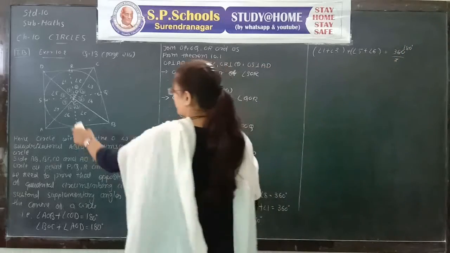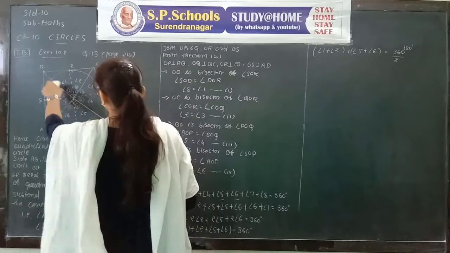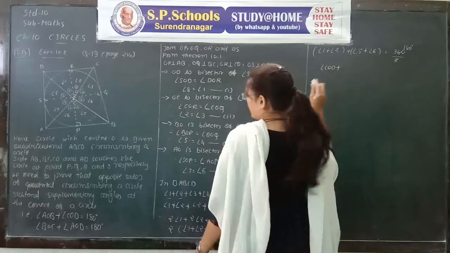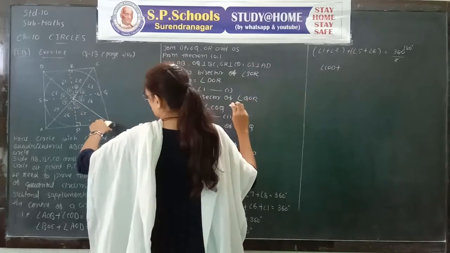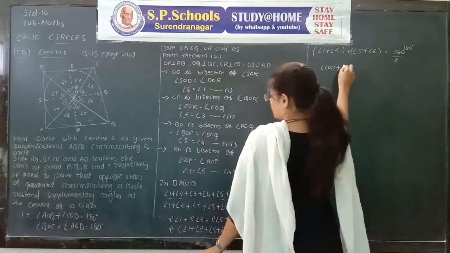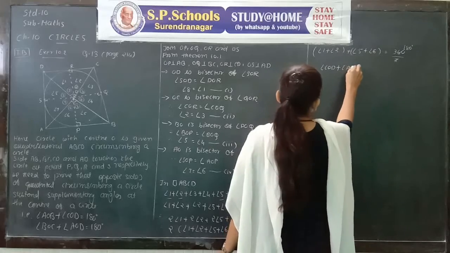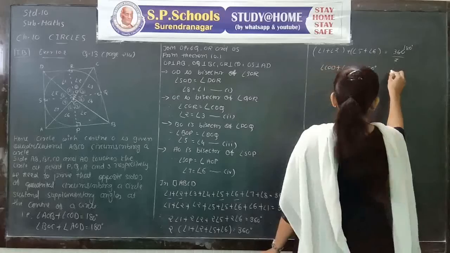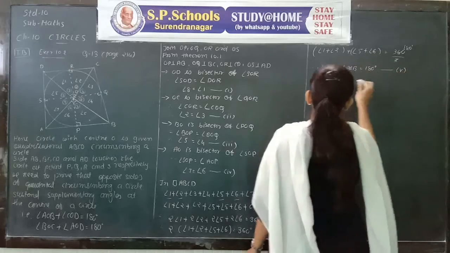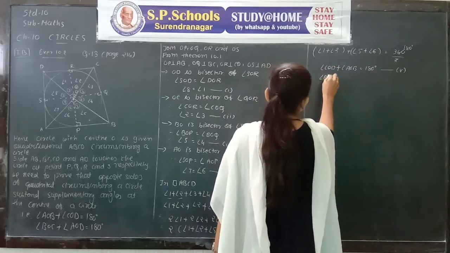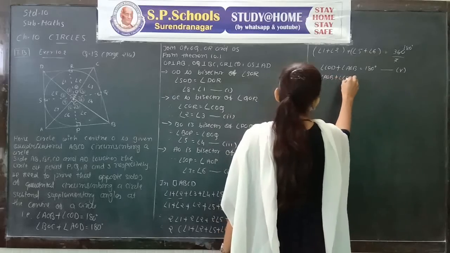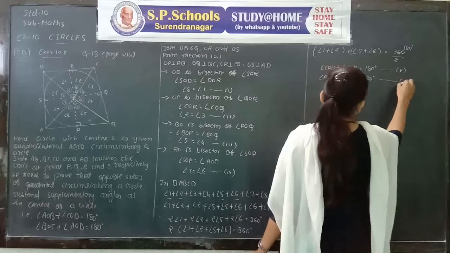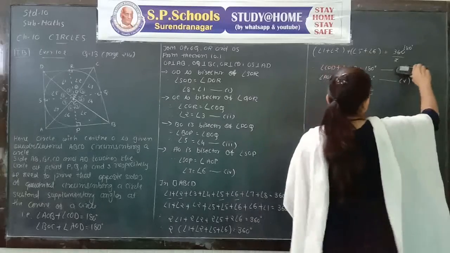From the figure, angle 1 and angle 2 give angle COD and angle 5 and angle 6 give AOB. AOB plus COD is equal to 180 degrees. It is our result number 5. Replace it as per our requirement: AOB plus COD is equal to 180, result number 5.